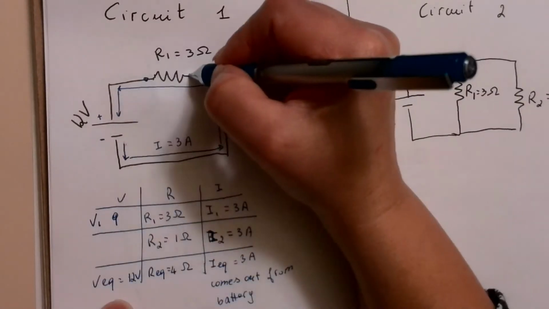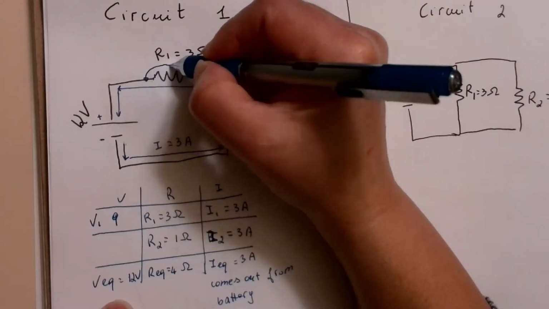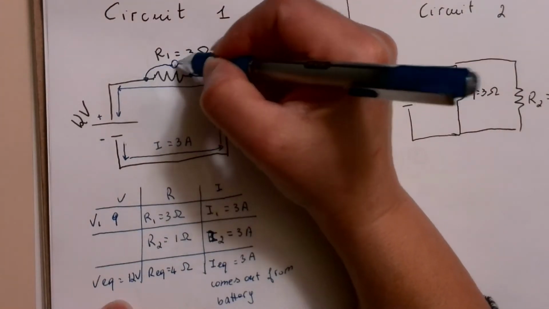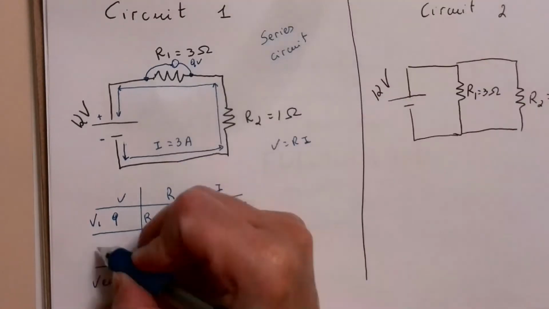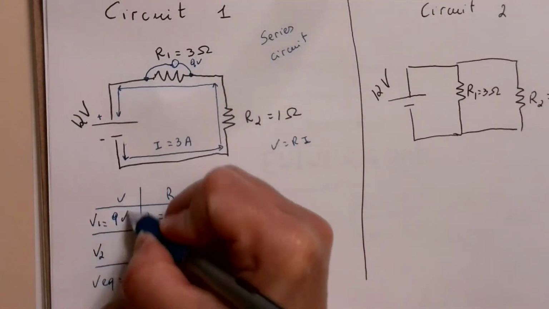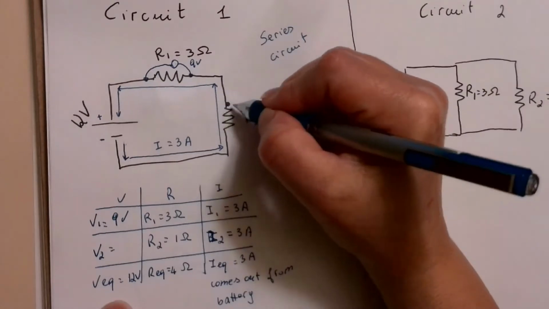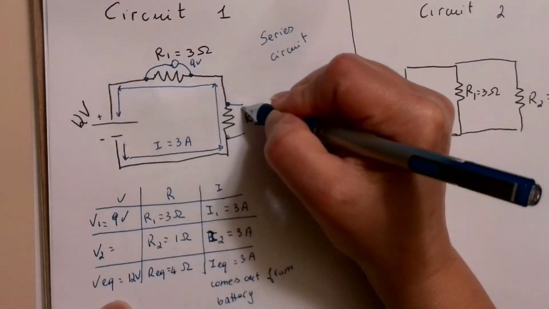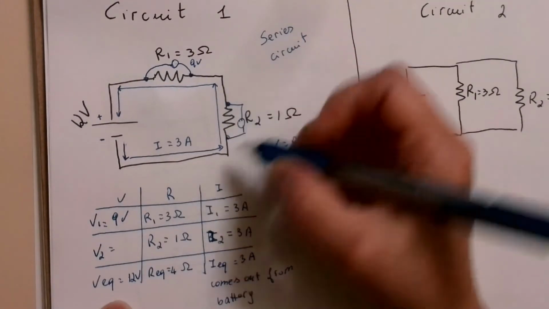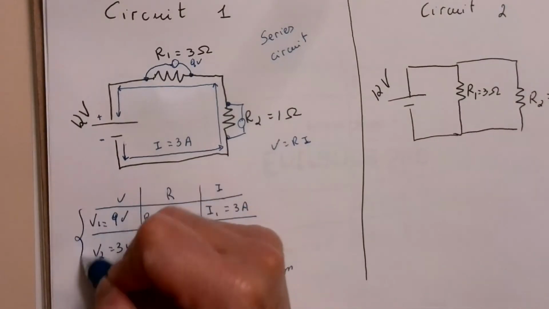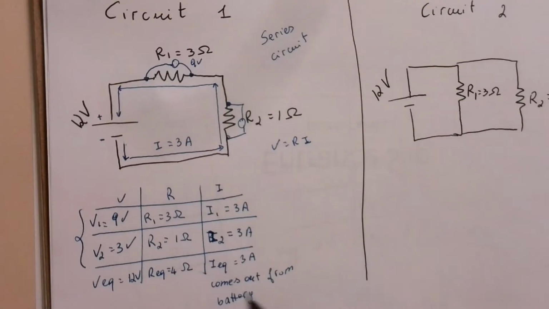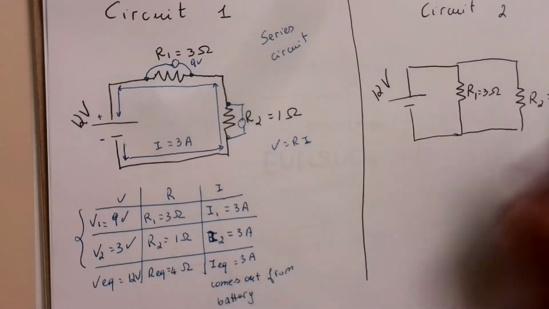If I have the voltmeter here and I read the number, I read 9 volts up here. If I put the voltmeter across R2 instead and I read the number, I will read 1 times 3, which is 3 volts. When I add them up, I have 12 again. So this is what's going on in a series circuit.